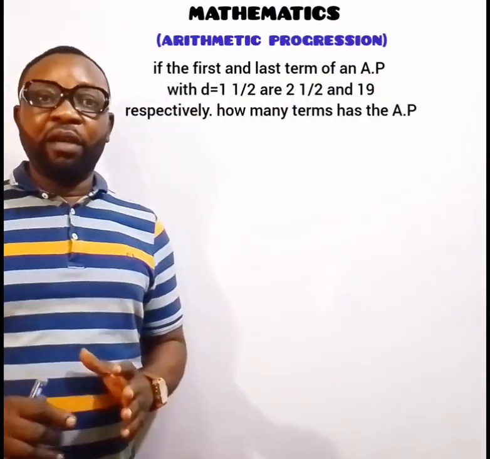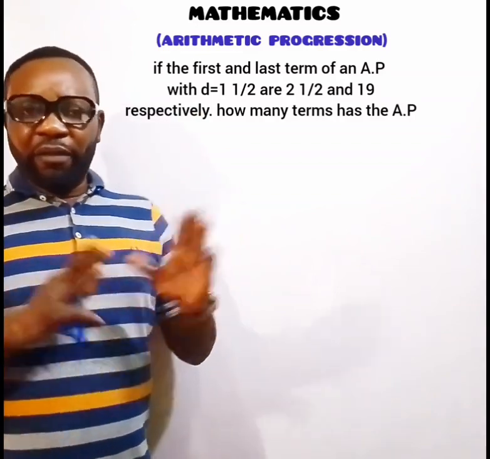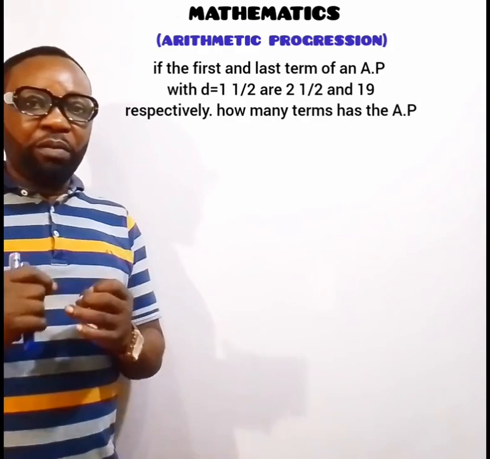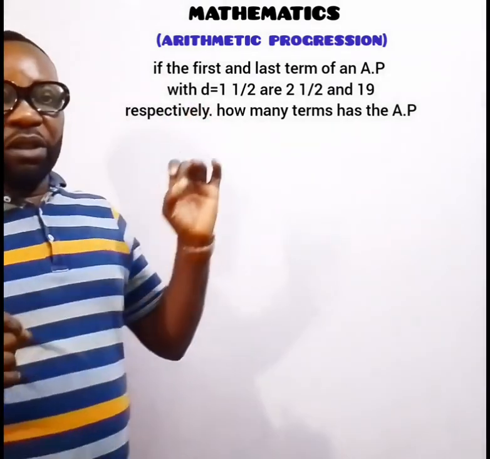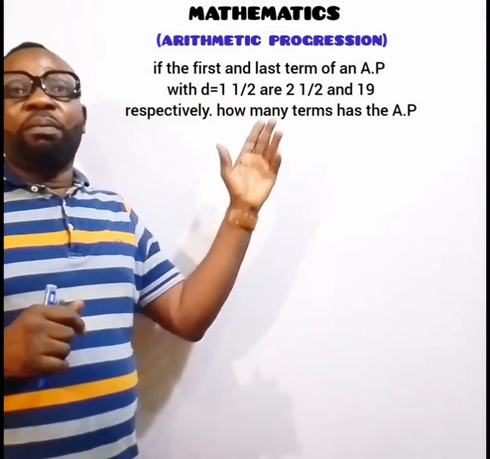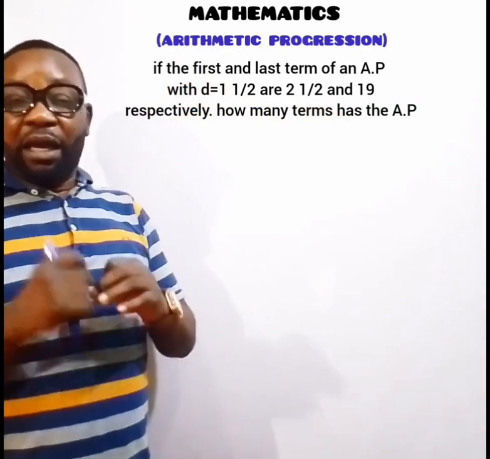So you have to be careful when you are answering any form of question in mathematics, because this question is quite a little bit tricky. If you look at it very well, it gives us the value of the common difference in between, before it gives us the value of the terms that we are given there.